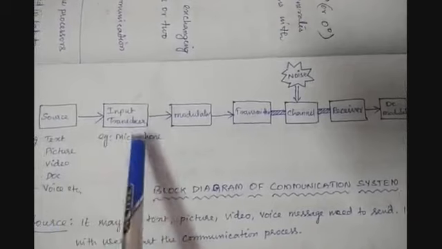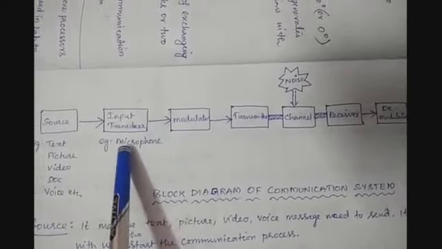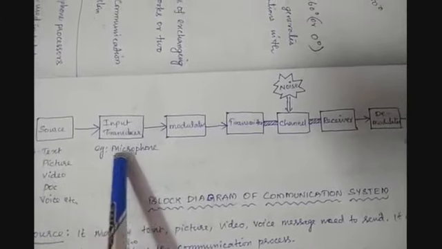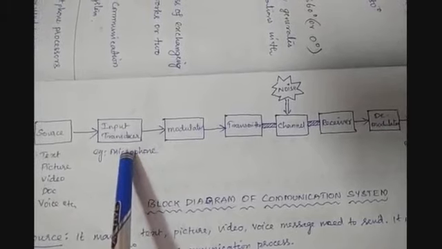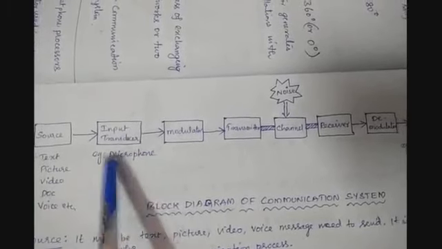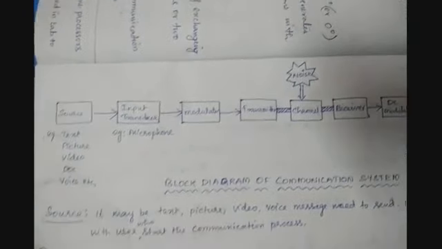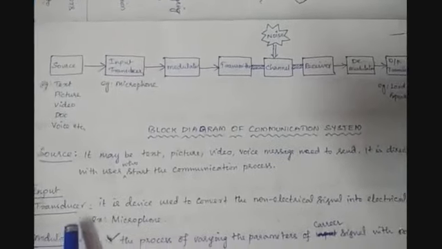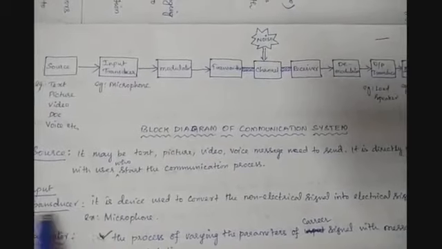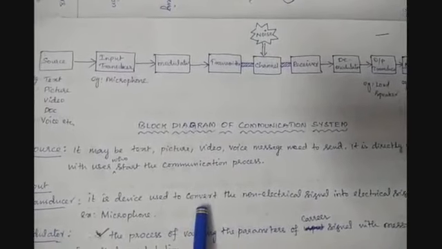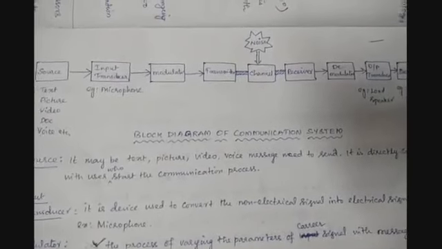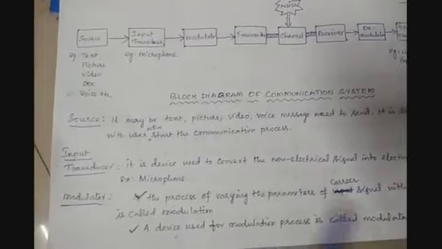So the microphone first has to convert my voice signal into electrical form. That is the purpose of the input transducer. It is used to convert the non-electrical into an electrical signal.